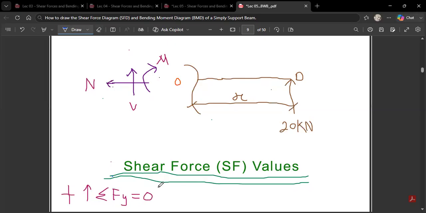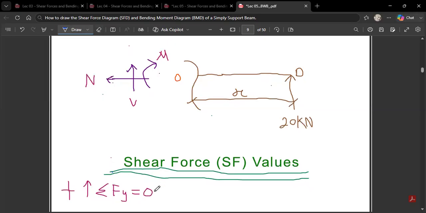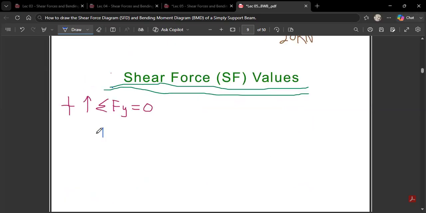Okay, that is what we are going to write. So have a look. That is positive 20 plus V, and the V, the shear force, is equal to 0. At the end of the day, if you make V the subject, what are you going to get? If this 20 crosses the equal to sign, it is going to be negative.